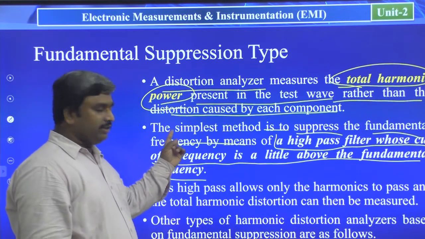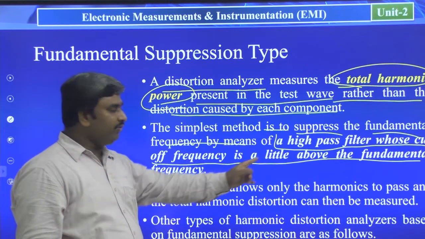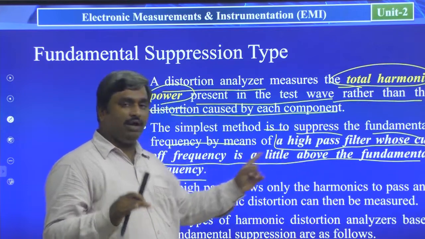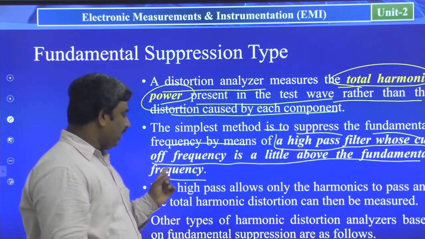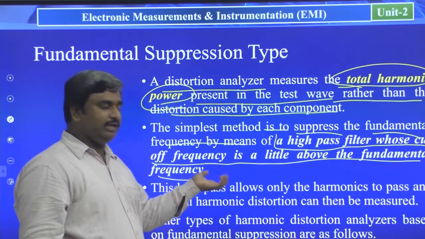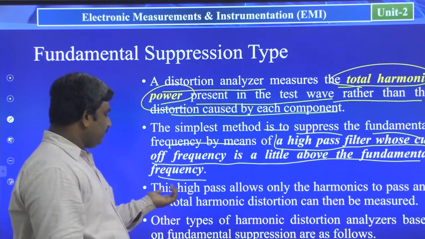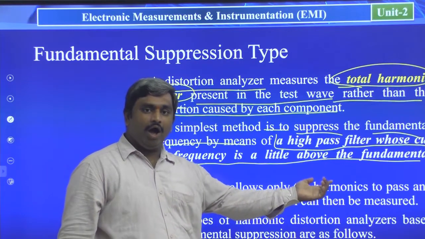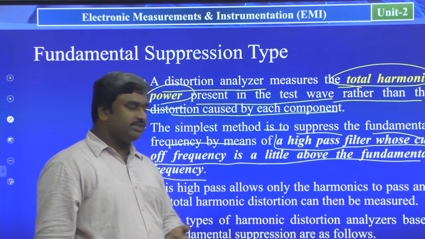This is the simplest method for measuring the total harmonic power. The high pass filter allows only harmonics to pass, so the total harmonic distortion can be measured.